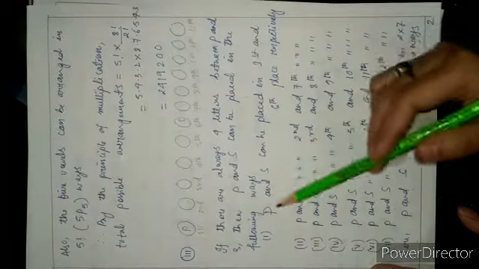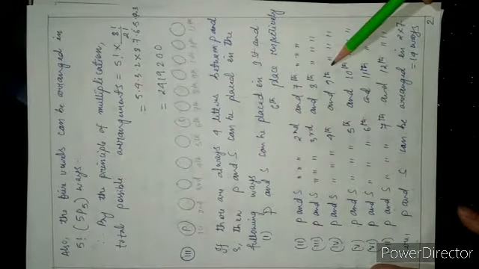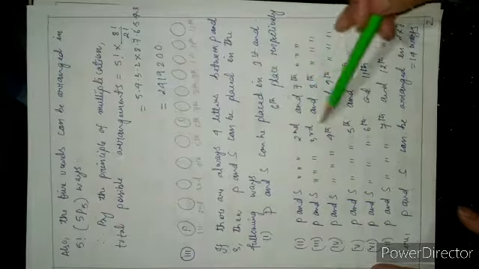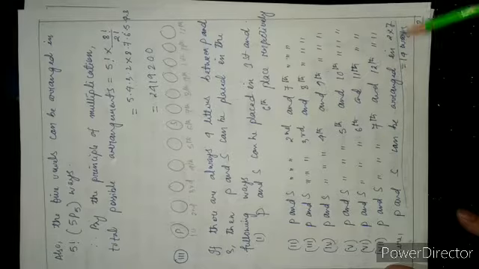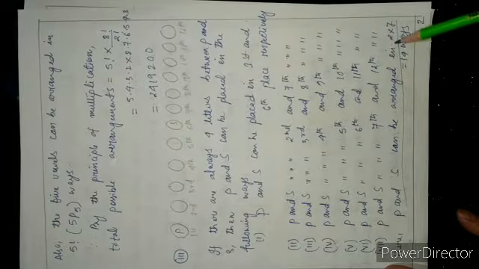Interchanging the positions, S can come first and P second, so P and S can be arranged in 2 into 7, which is equal to 14 ways.